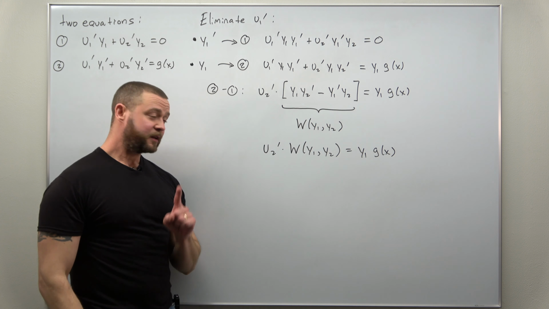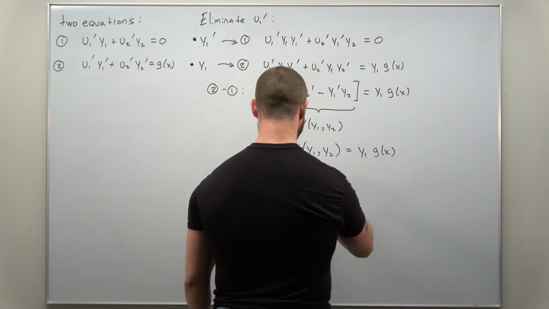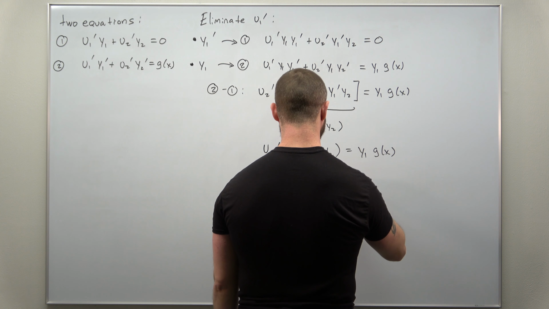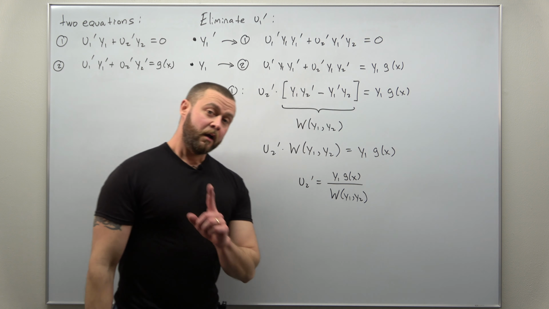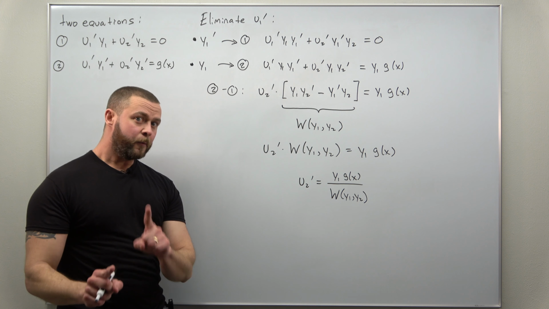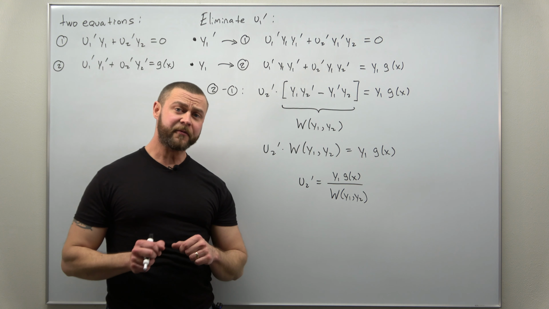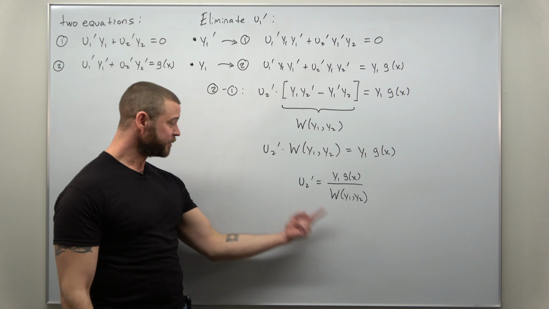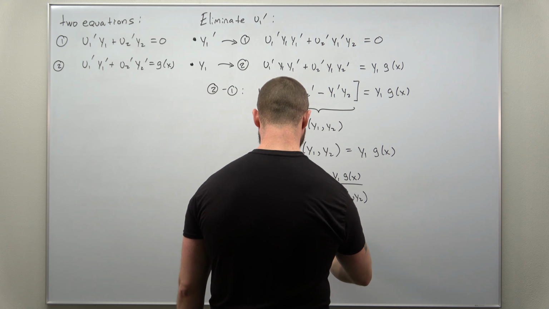Our last step, to solve for u2 prime, divide by the Wronskian. So we get y1 times g of x divided by the Wronskian. We haven't solved for u2, but rather the derivative of u2. The main theme for a differential equations course, you undo derivatives by integrating. So here, solve for u2, integrate both sides.